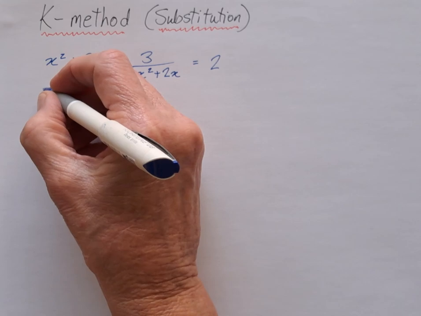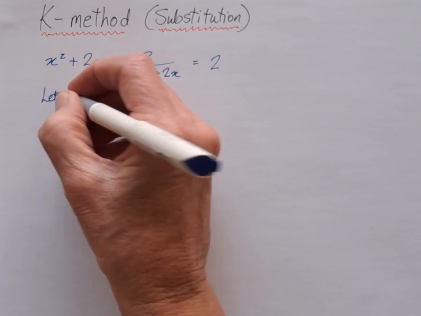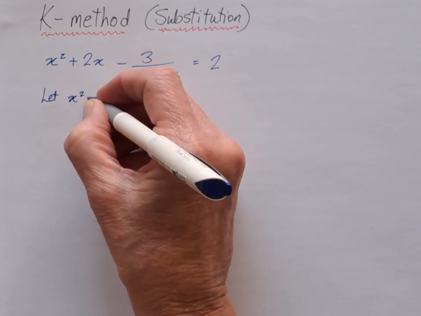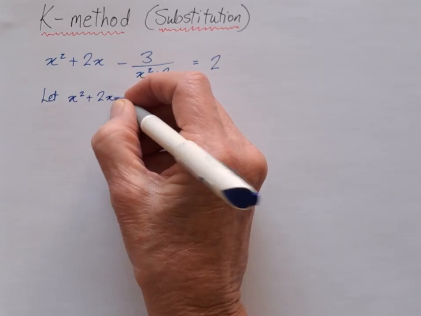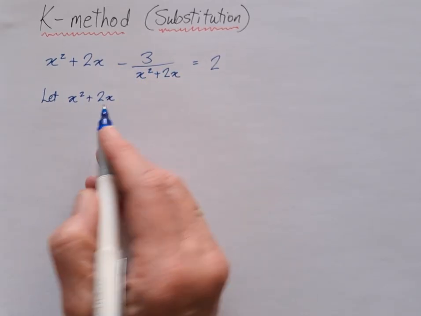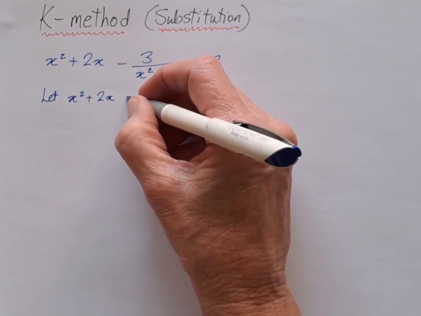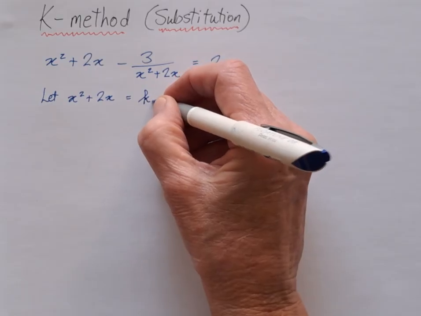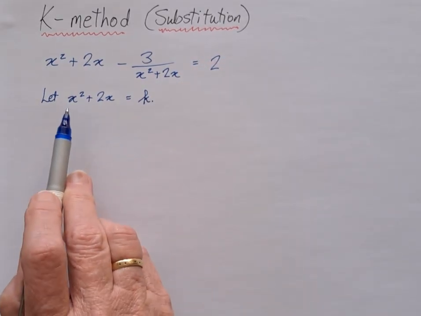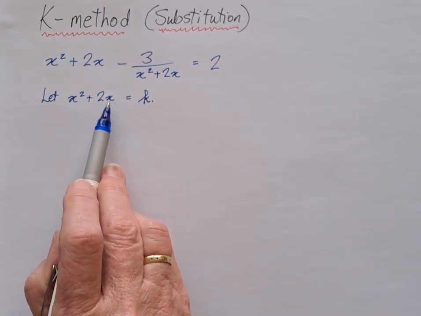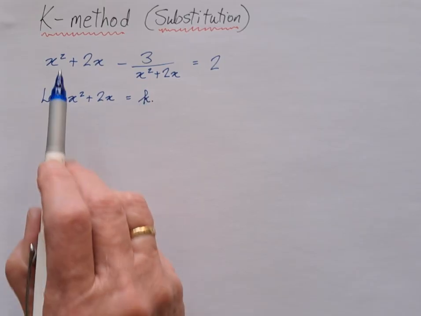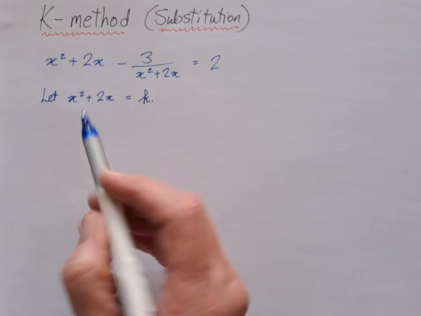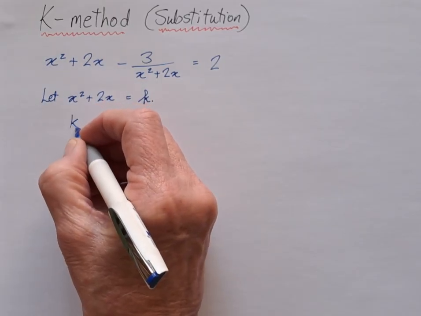I'm going to let this expression from the equation be equal to K. So wherever I see x squared plus 2x, I'm going to say K instead. So that whole thing there is going to become K.